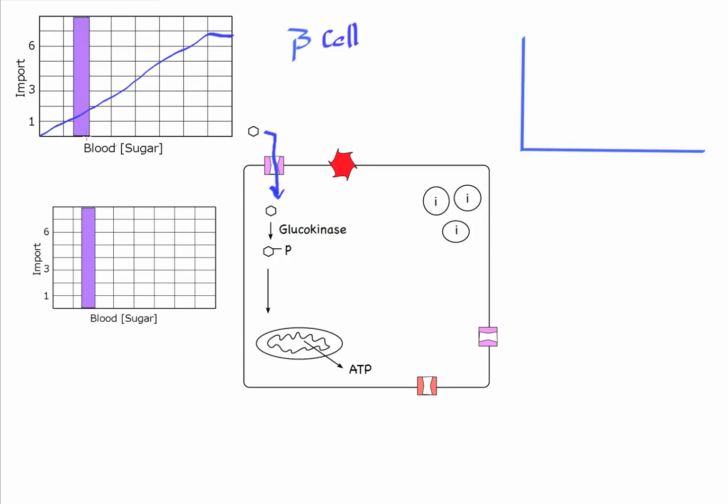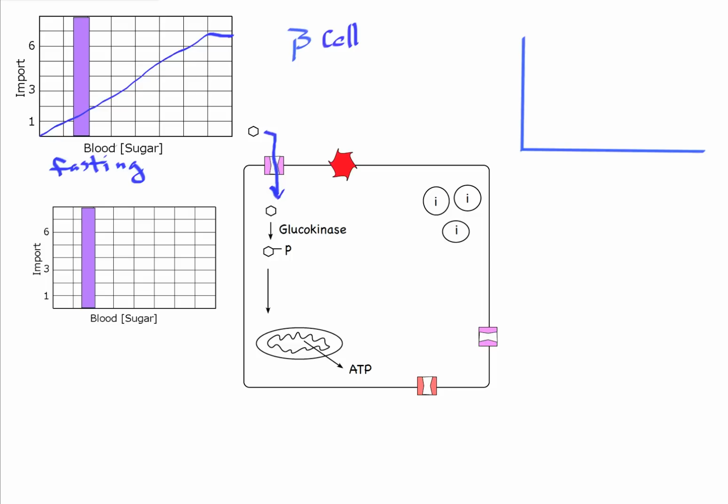This purple range of blood sugar is the fasting range. So that's the homeostatic level of blood sugar, essentially. That's the goal, the target amount of sugar that's going to be in the blood. When you eat a big meal, blood sugar goes up and more blood sugar enters these beta cells.